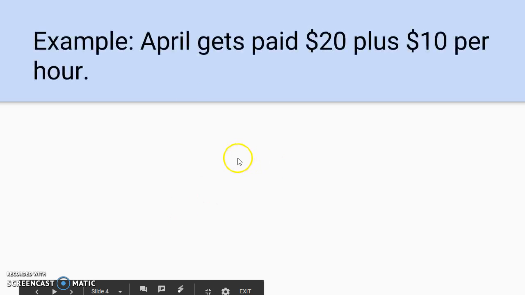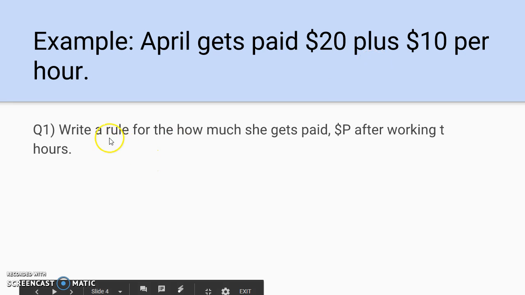So let's have one example. We'll have April, and she gets paid $20 plus $10 per hour. The first question is to write a rule for how much she gets paid, P dollars, after working T hours. So P is dependent on T, because how much she gets paid depends on how many hours she works.